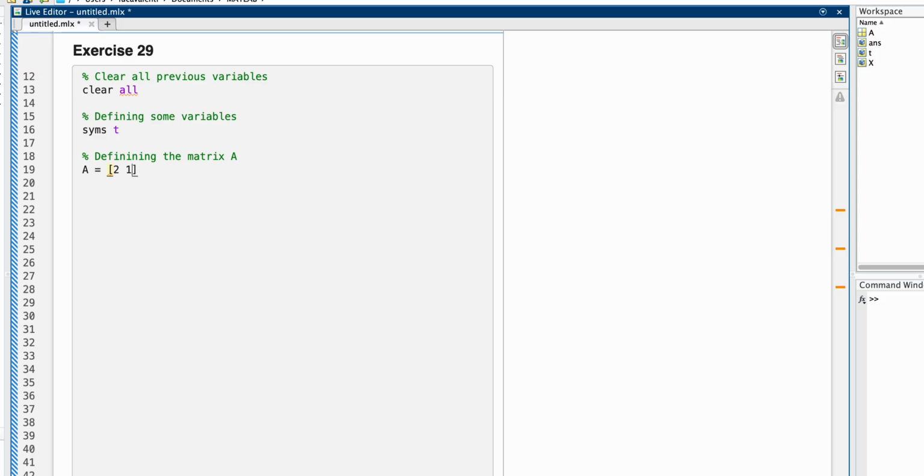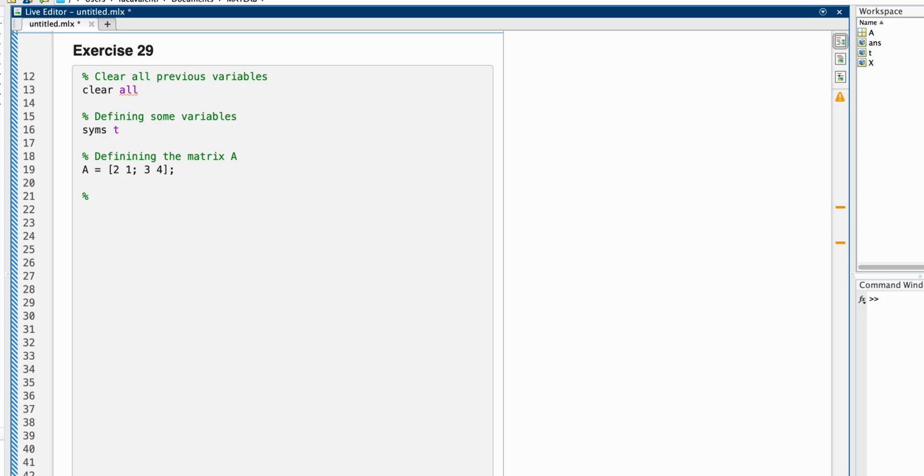Then you put the first row, a semicolon to signal that the first row is over, and then the second row. Then I put also a semicolon at the end because I don't want this to output over here. I trust that this is correct, the way I input it.